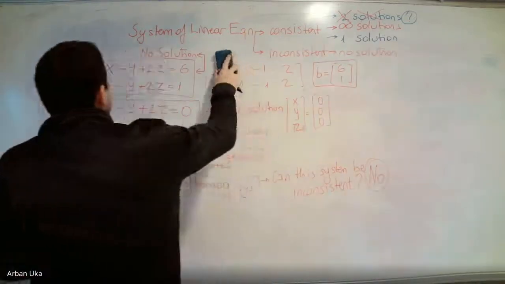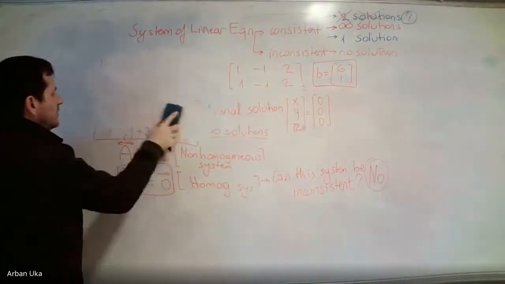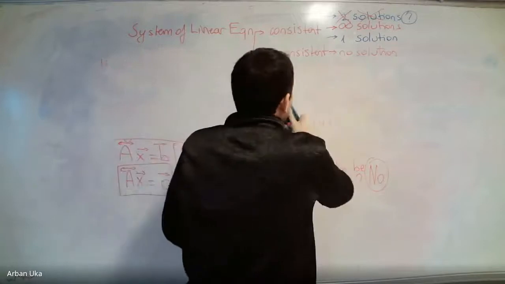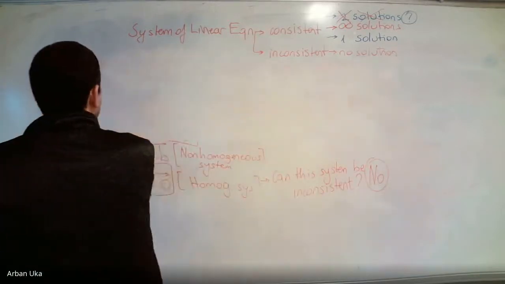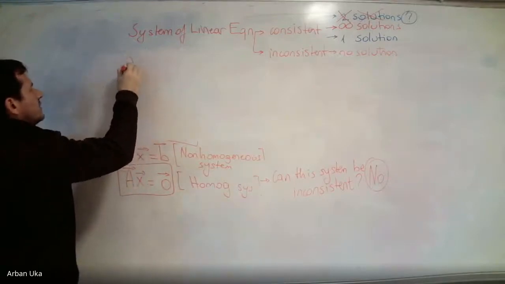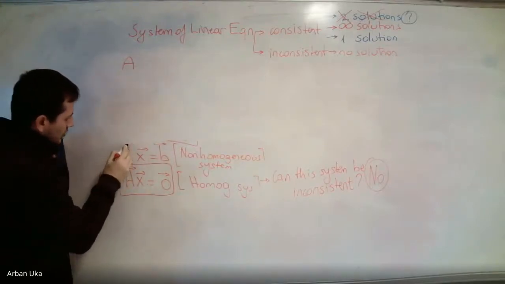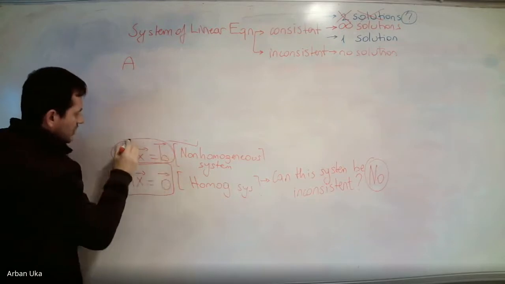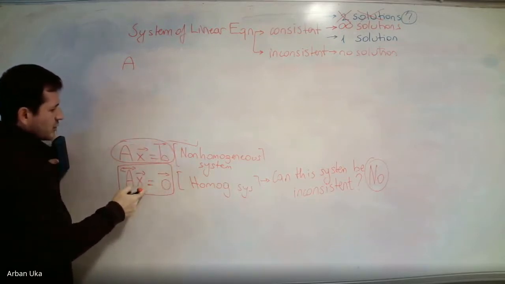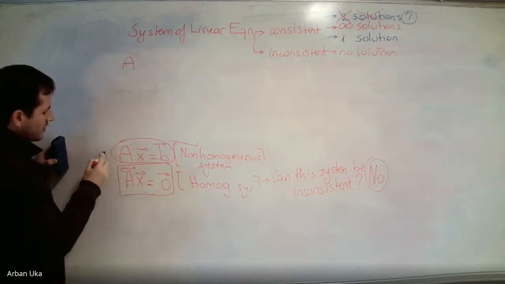I specified this verbally, but let's write it in such a way. We said that the general solution of this non-homogeneous equation includes this special solution of the homogeneous system. What do these two have in common?